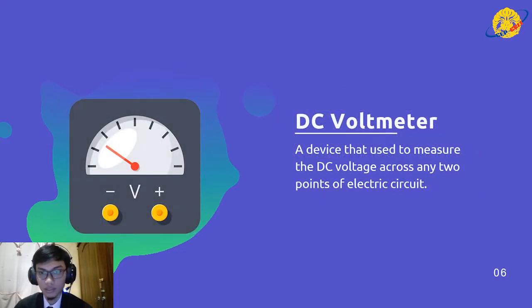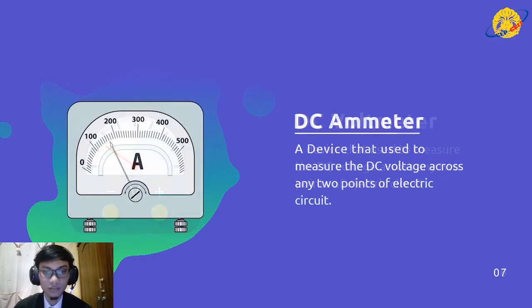And next one is the voltmeter. This device is used for measuring the difference in potential between different points of an electrical circuit. In this case we use a DC voltmeter.